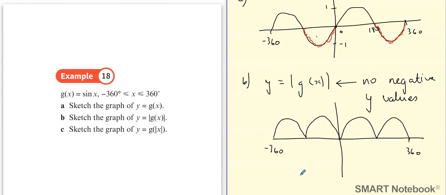Does that make sense? So now you can understand anything below the x-axis gets reflected in the x-axis. Can you write that down as some form of instruction so that you remember how to sketch that?